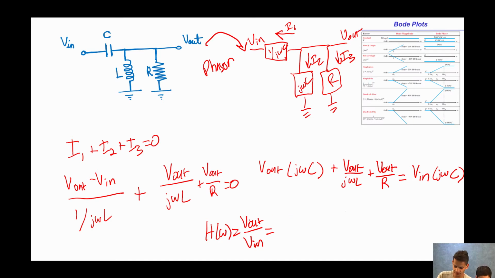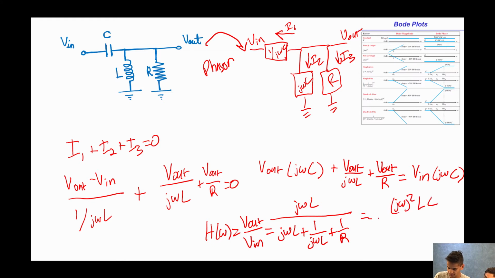And moving around, we have j omega C over j omega C plus 1 over j omega L plus 1 over R. And then multiplying through by j omega L so that we have polynomials on the top and the bottom, we have (j omega) squared LC over (j omega) squared LC plus j omega L over R plus 1. Great. We've solved for our transfer function in the standard form. Cool, and I will continue in the next video.